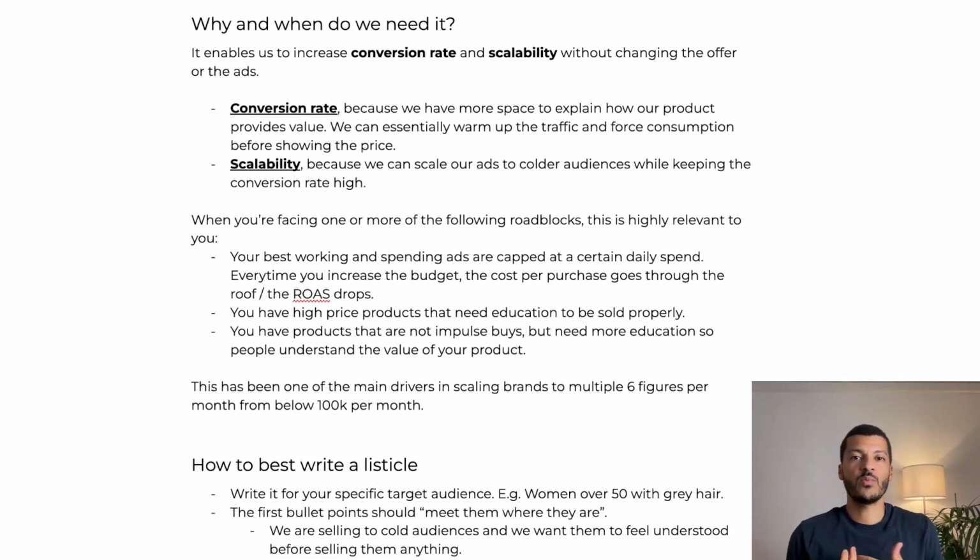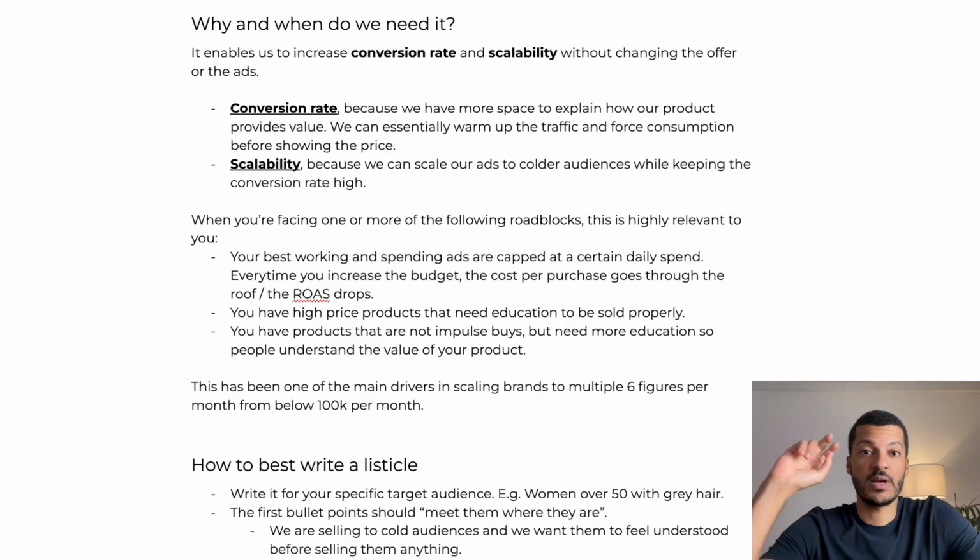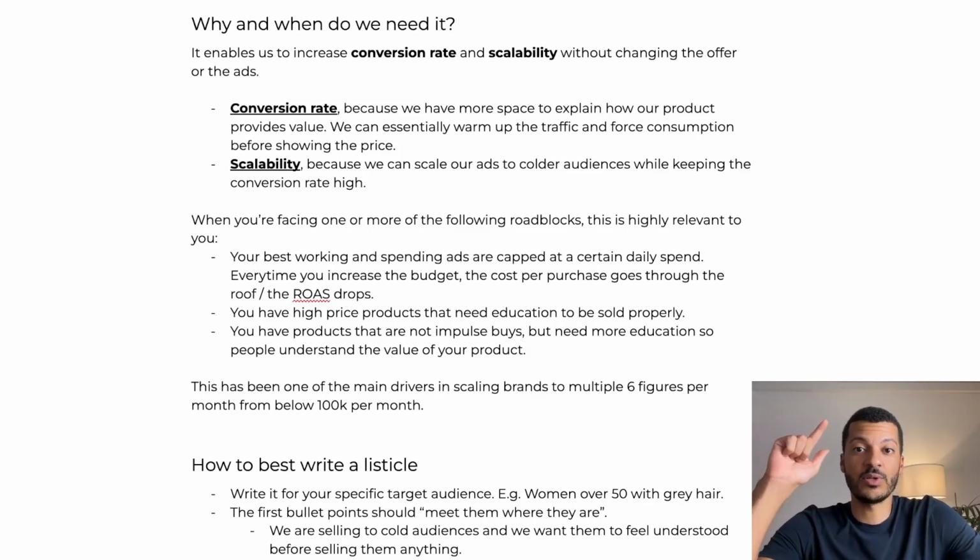So why and when do you need a listicle? A listicle really enables you to increase two things, right? Number one, the conversion rate, and number two, the scalability, without changing your offer, your product page, or the ad, right?